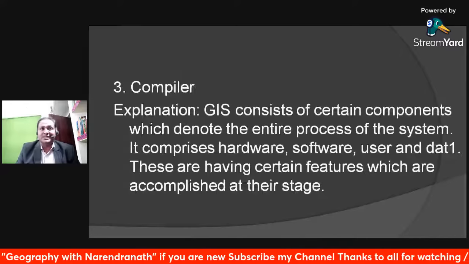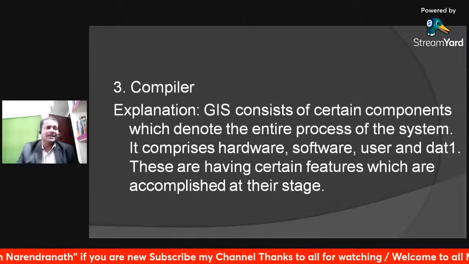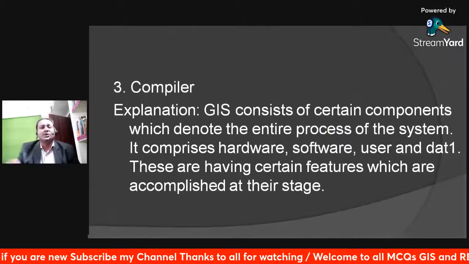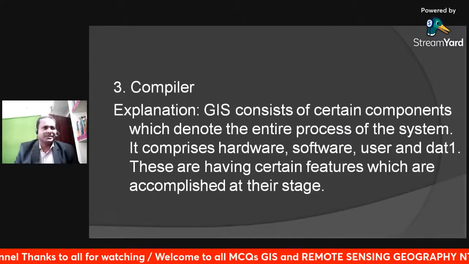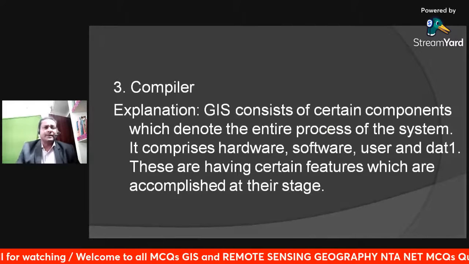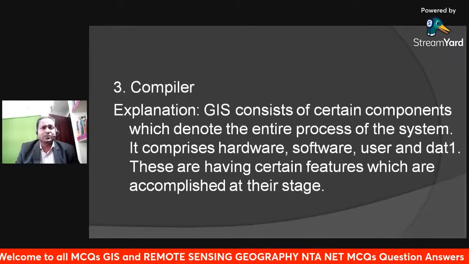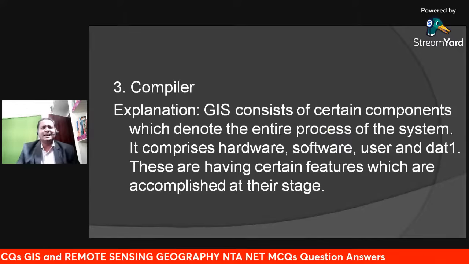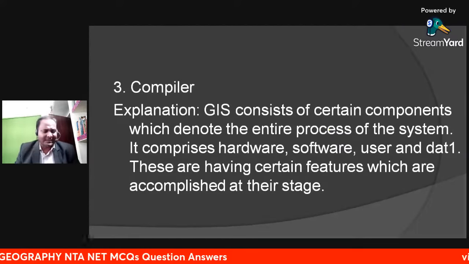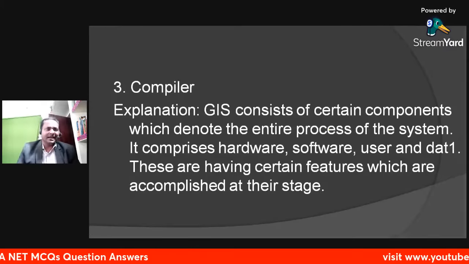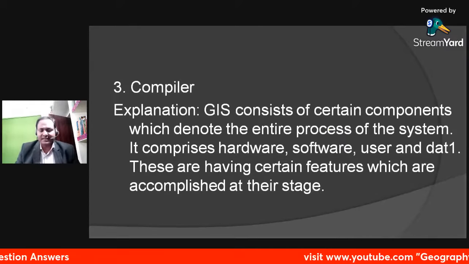So definitely option C, computer. Basically, GIS consists of certain components, which denote the entire process of the system, and it comprises the hardware, software, users and data, and these have certain features. So definitely this is the right answer. Option 3 is the correct answer.